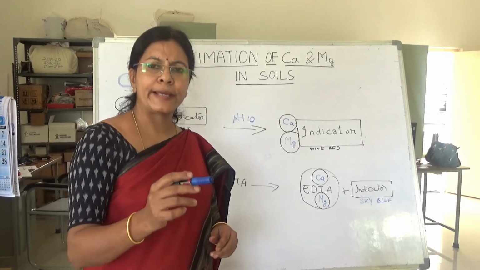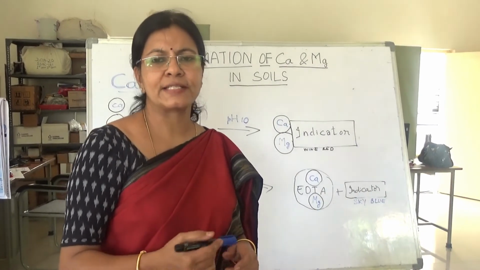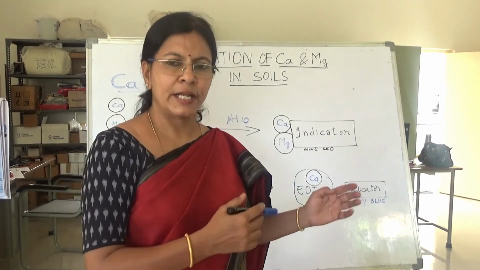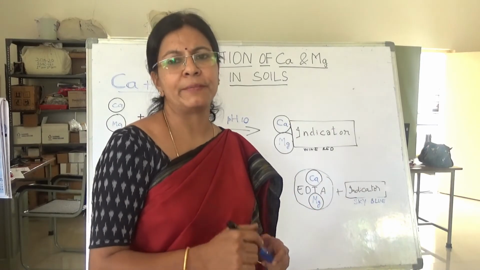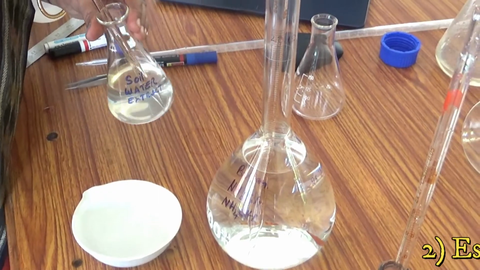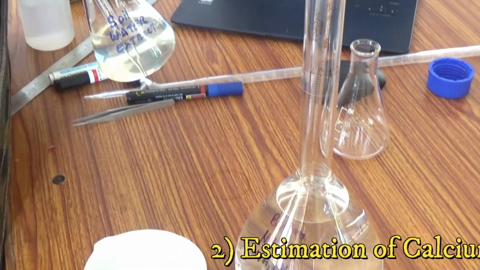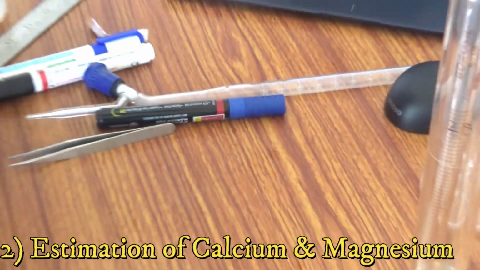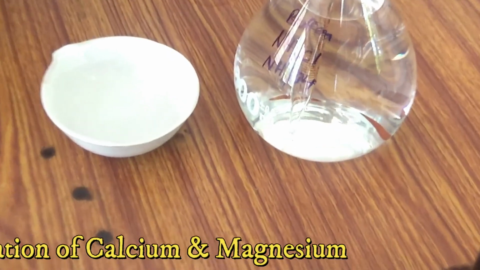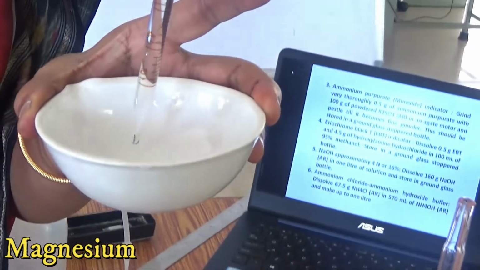So before going to the calculations, which are similar for calcium estimation as well as calcium and magnesium estimation, we'll move to the second part of the experiment, that is estimation of calcium and magnesium. So let's start the estimation of calcium and magnesium in the soil water extract. We'll take 2 ml of the solution. So we'll take 2 samples.